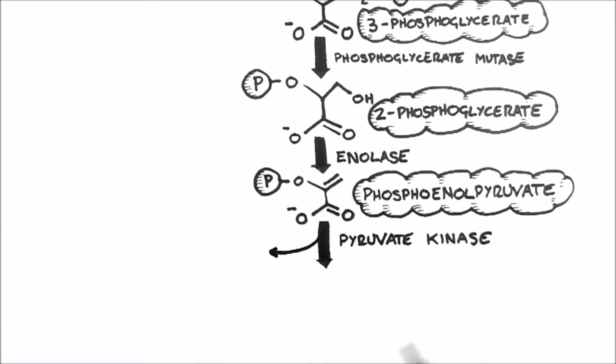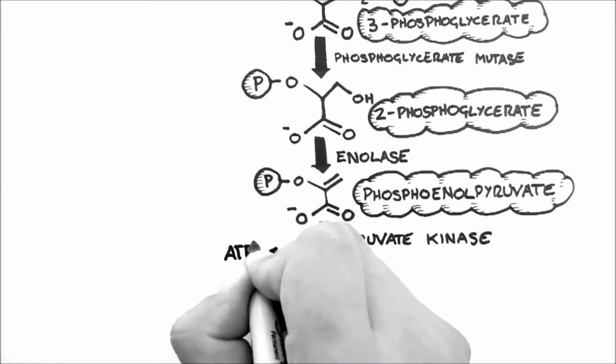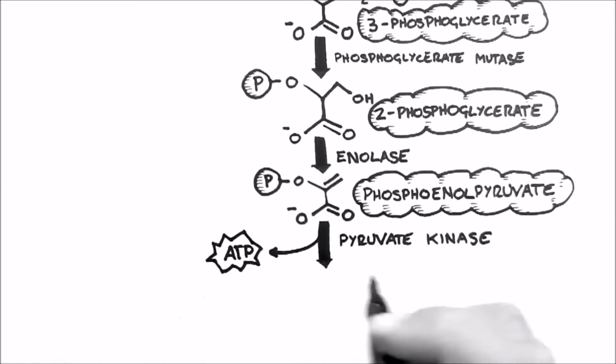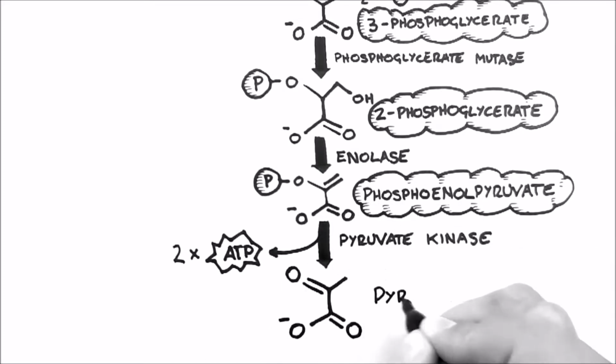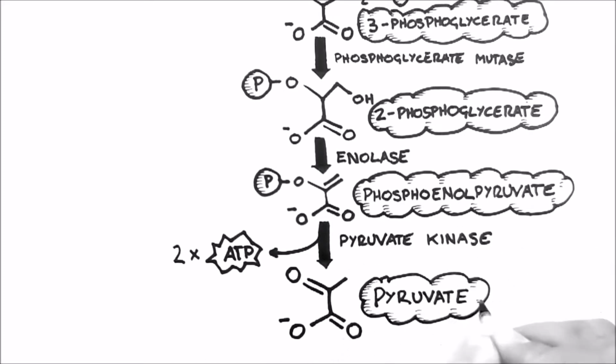And this kinase is also going to remove phosphate groups from the molecule, attach them to an ADP, and create ATP. Again, 2 of these are created because 2 phosphoenol pyruvates will be created for every glucose molecule. This finally leaves us with pyruvate, which will be the substrate for the TCA cycle.